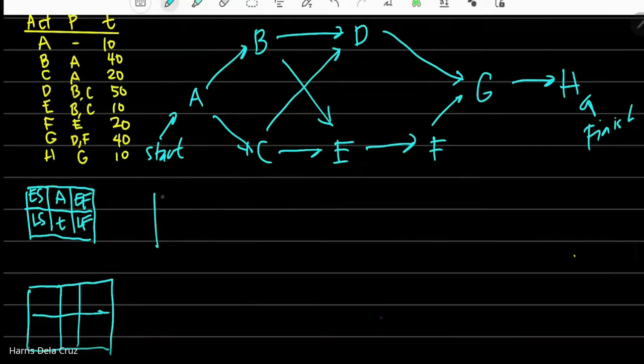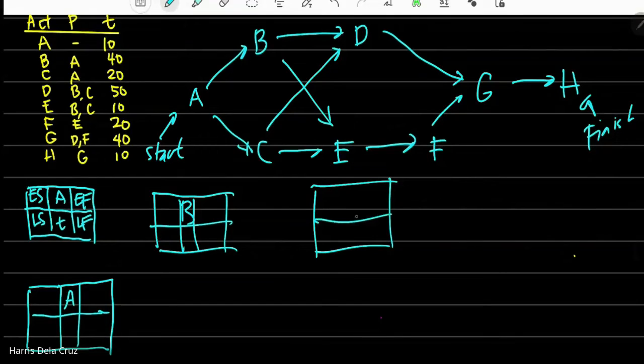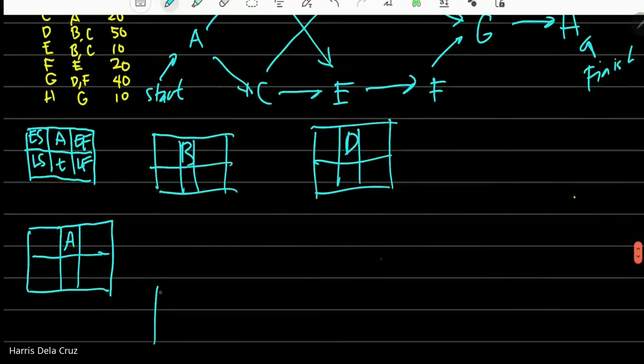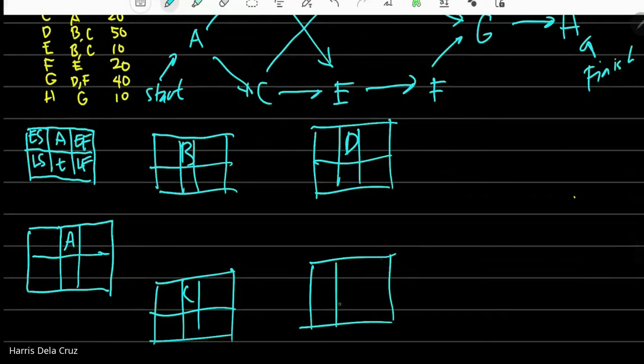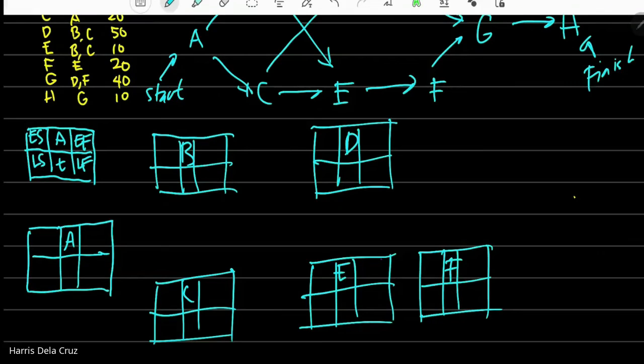So ito yung para sa A, ito yung para sa B, right? Ayan, B. D, D, and then C here, C, and then E, and then F. Medyo hinapos tayo ng space.